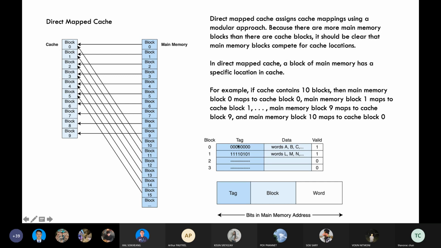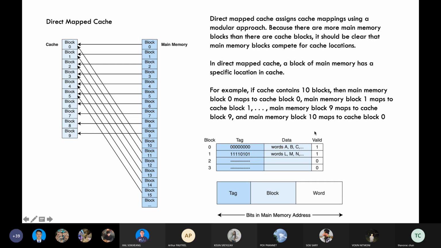But when you go closer to the cache, you can see that inside the cache there are different types of data that are stored. The numbers here represent the block numbers 0, 1, 2, 3 up until 9, if we talk about our example here. And inside each block there is a tag. Each block consists of multiple words, or multiple bytes if the word size is 1 byte. So it consists of multiple bytes of data.